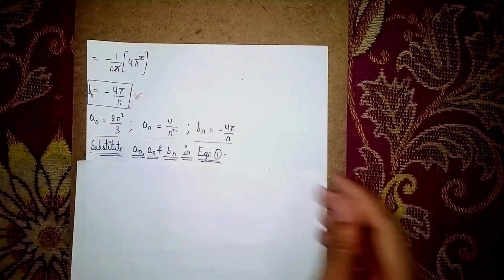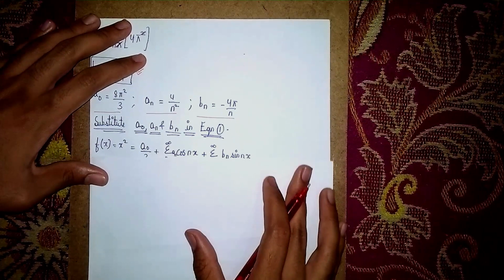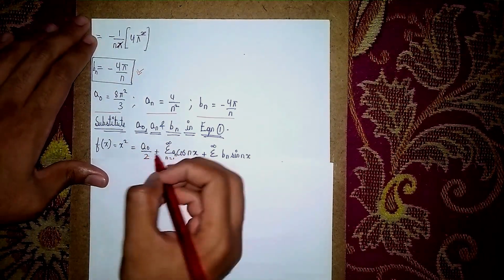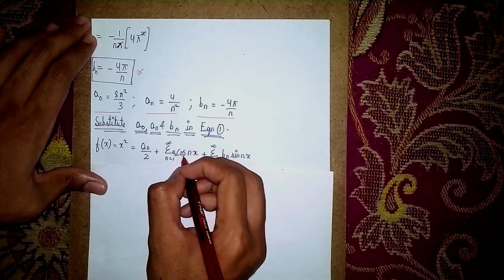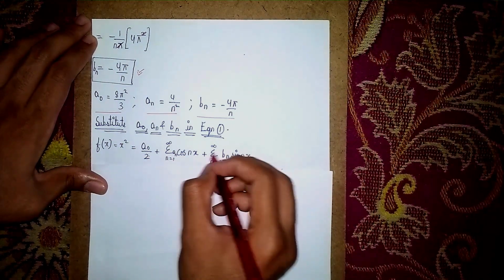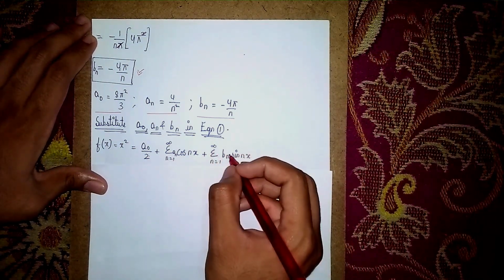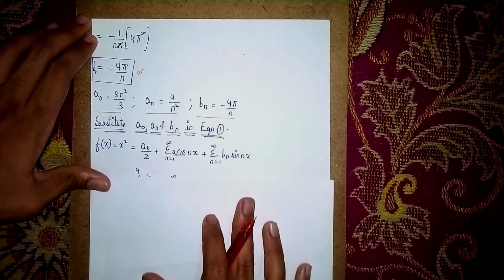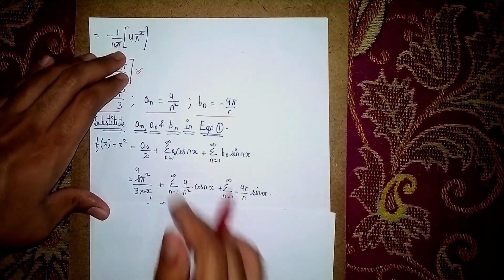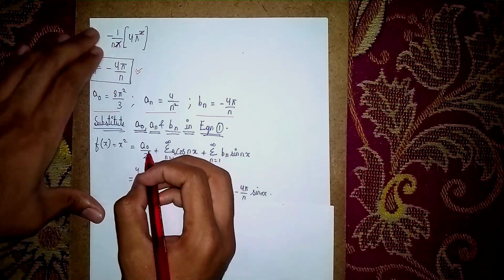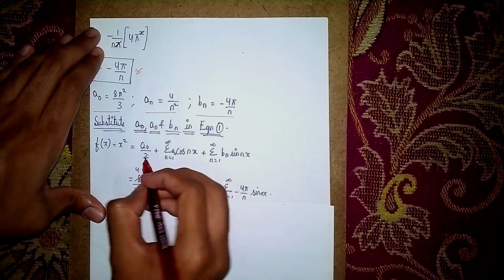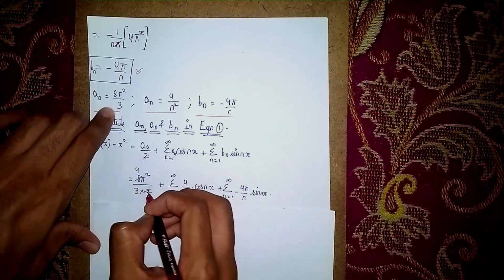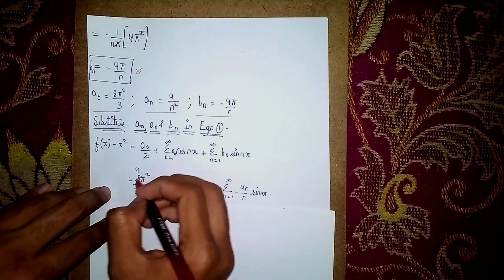Now f of x equal to x square equals a naught by 2 plus summation n is equal to 1 to infinity an cos nx plus summation n is equal to 1 to infinity bn sin nx. Now substitute the value of a naught, which is 8 pi square by 3, so 8 pi square by 3 into 1 by 2 gives 4 pi square by 3.